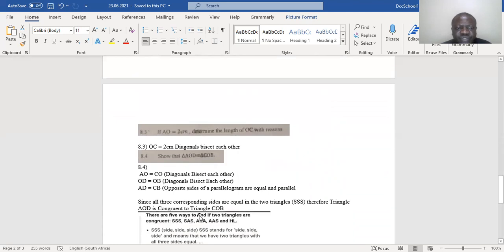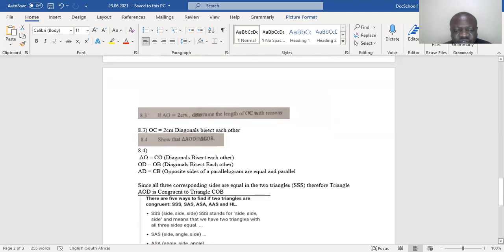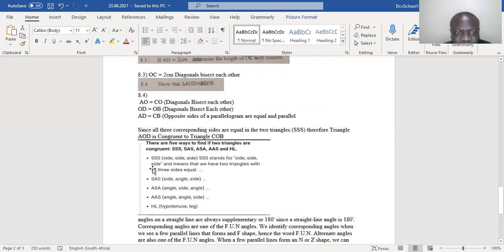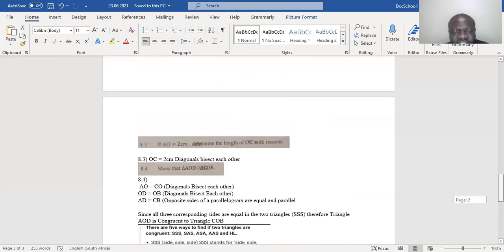You can also use the fact that if the side is equal in two congruent triangles, then you can conclude congruency. There are 5 cases for you to conclude congruency: side, angle, angle, side, and then the hypotenuse and the length of one of the sides.